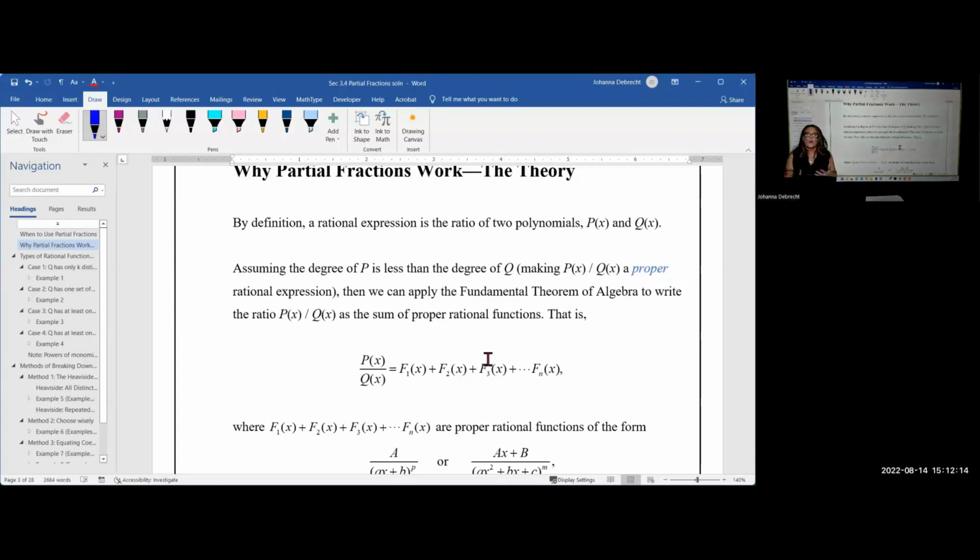Now, what does the fundamental theorem of algebra say? You should have learned it, but you probably don't remember it, so I'm going to remind you what it is. It basically says, if you have something that's polynomial in nature, you can write it as the product of linear and irreducible quadratic factors.